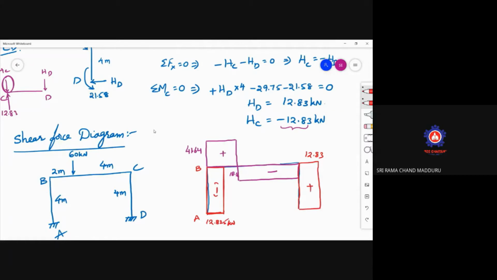In between there is no change in the load, which is 12.83 kilonewtons, and here the value is 18.36 kilonewtons. So this is the SFD, our SFD diagram.